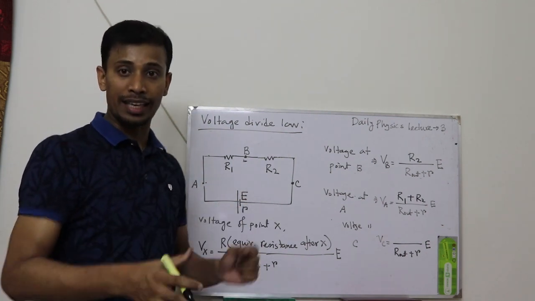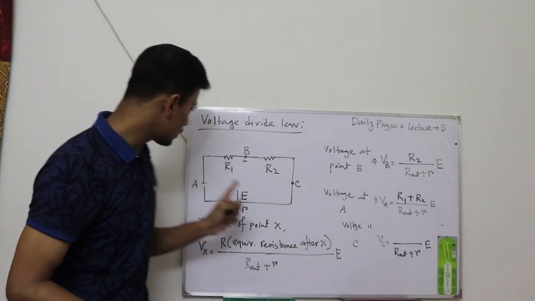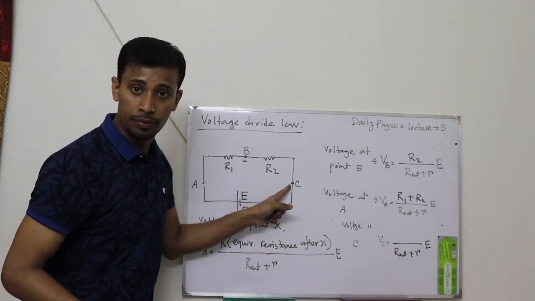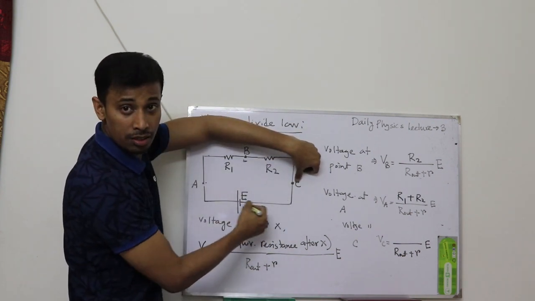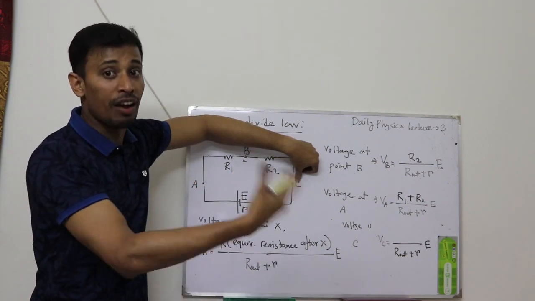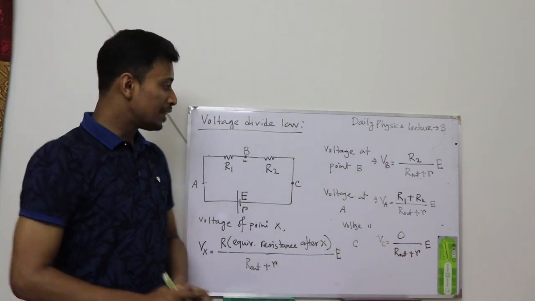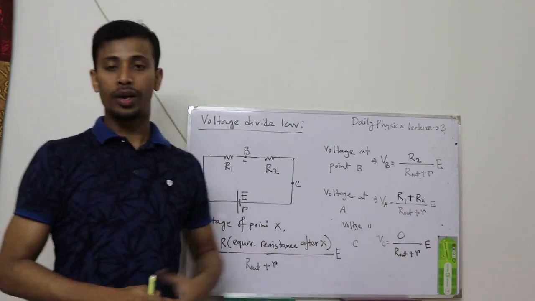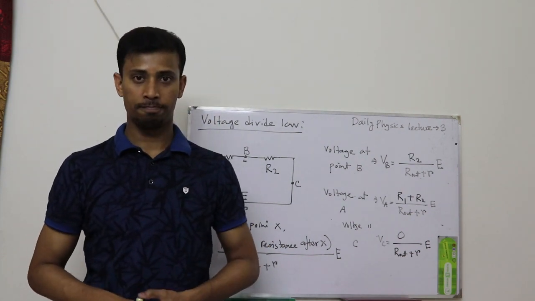And if the question asks for voltage at point C, what is C? Here is C. After point C we don't have any resistance, right? So the equivalent resistance after point C will be 0. By this way you can get the voltage of a particular point in a circuit.